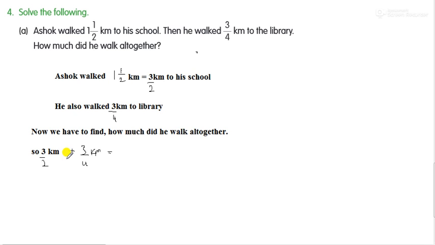So what we have to do, make 3 by 2 as a 4, multiply with a 2. So here 6 by 4 plus 3 by 4. So here the denominators are 4. So 6 plus 3 equals, it's 9 by 4.